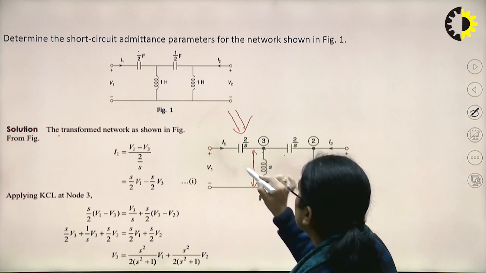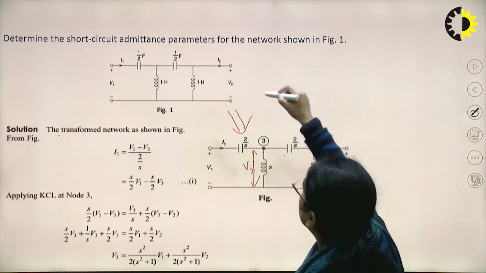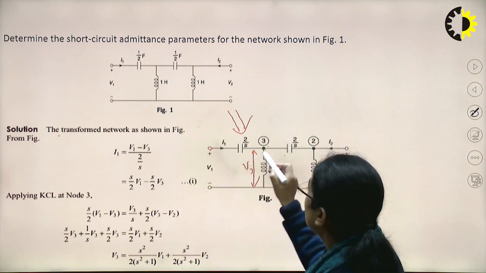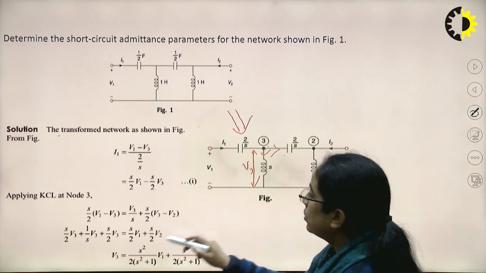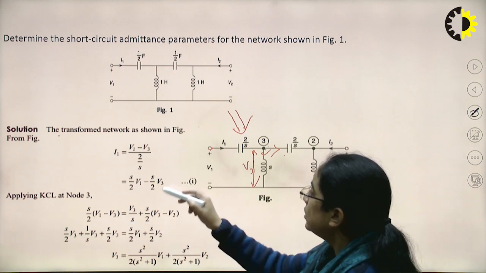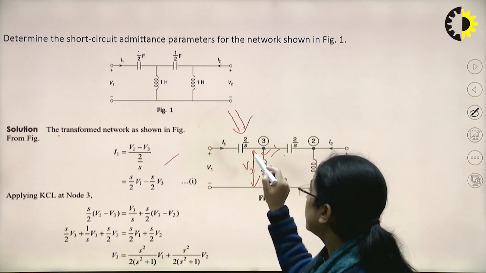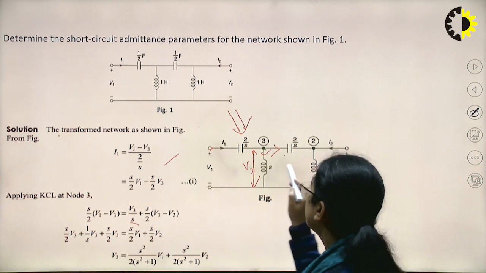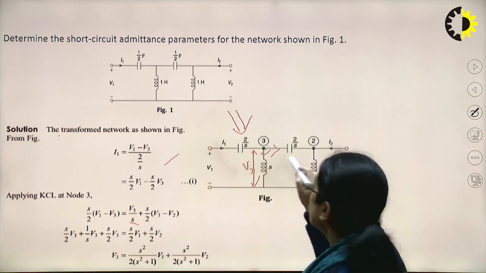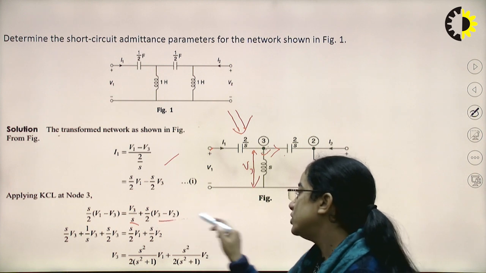I1 is the incoming current and these are the outgoing currents. So V1 minus V3 into S by 2 is the current I1. The current in this path is V3 by S. And the current here is V3 minus V2 divided by 2 by S, so it will be S by 2 into V3 minus V2.